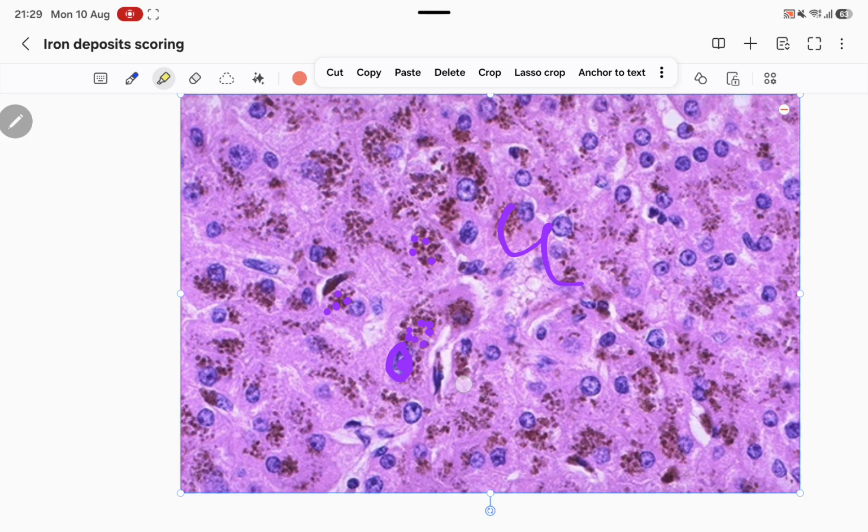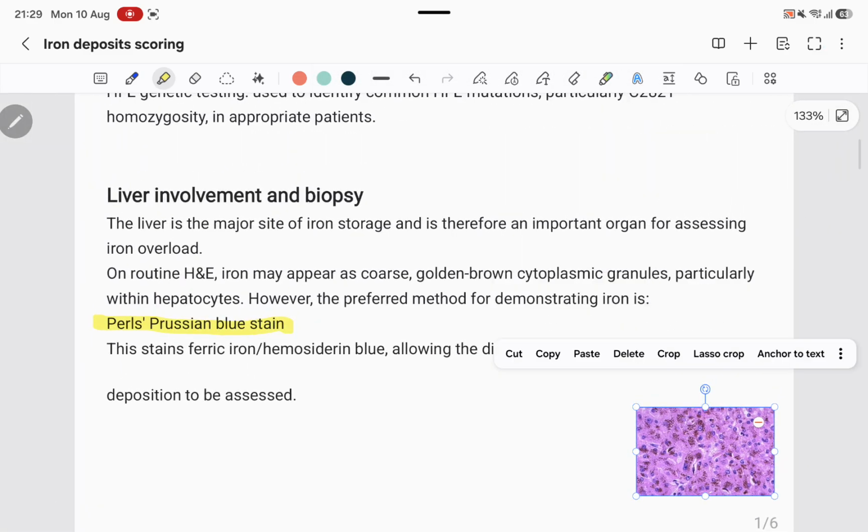So the best thing to do is to make sure that we do the correct stain. The best stain that I know about is Perls' Prussian blue stain. Okay, Perls' Prussian blue, PB, if you want to remember it like that.